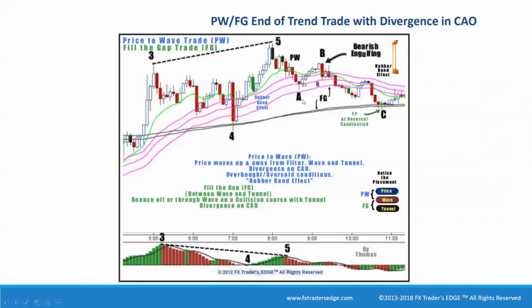In this case, it doesn't go into the wave, below the wave. It stops at the wave, then it retraces, and then it does a fill the gap. So you can look at this more carefully in your notes.